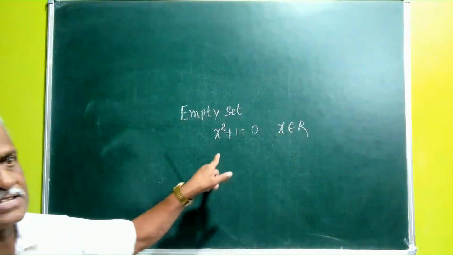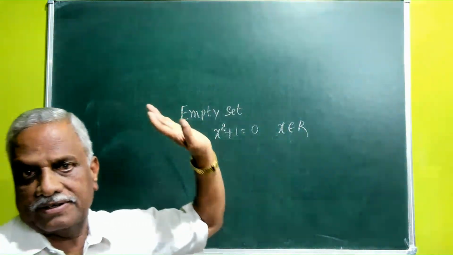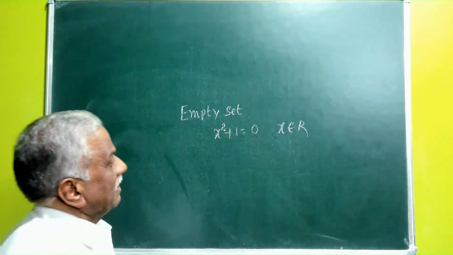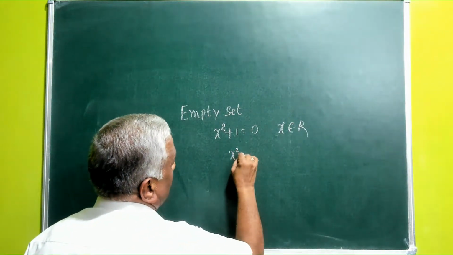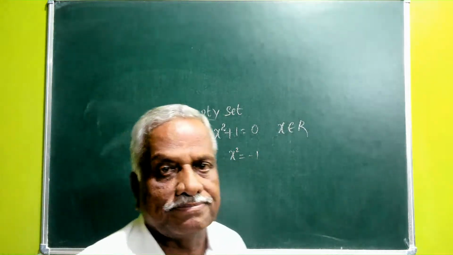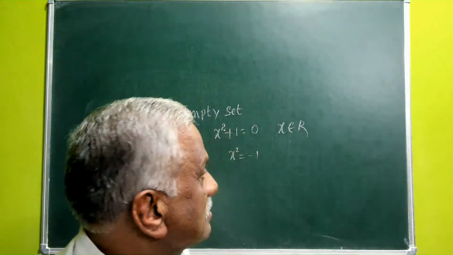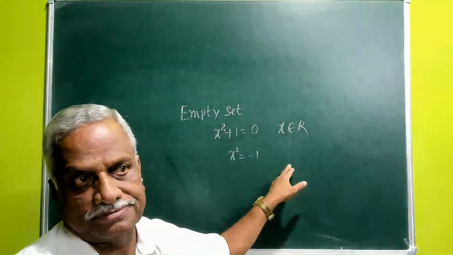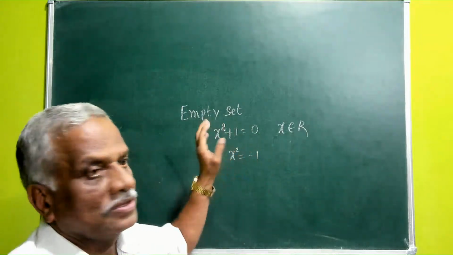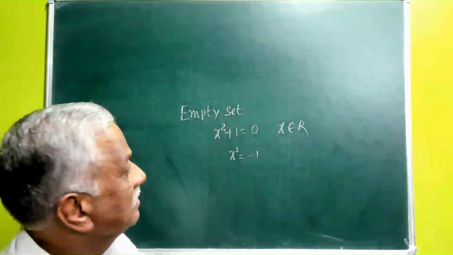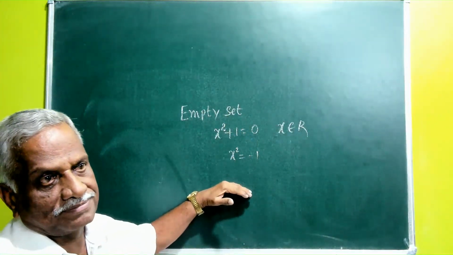Of all the answers, this was the most suitable. Why? If x square plus 1 is equal to 0, then x square is equal to minus 1. This doesn't have a solution in real numbers; the solution is a complex number. Therefore, when they ask for an empty set, you have to search for the solution.